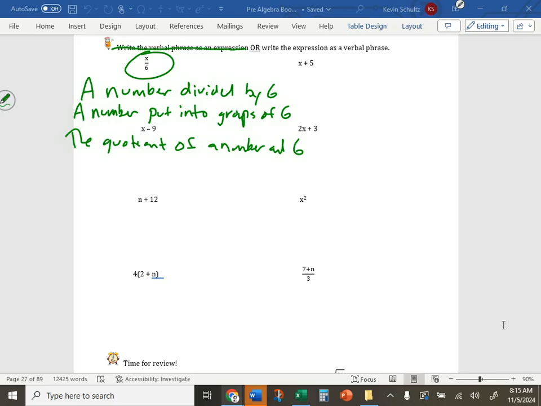You could even use that half, third type of thing. What word would we use to describe dividing by 6? Half means divide by 2, third means divide by 3, a fourth of something means divide by 4.